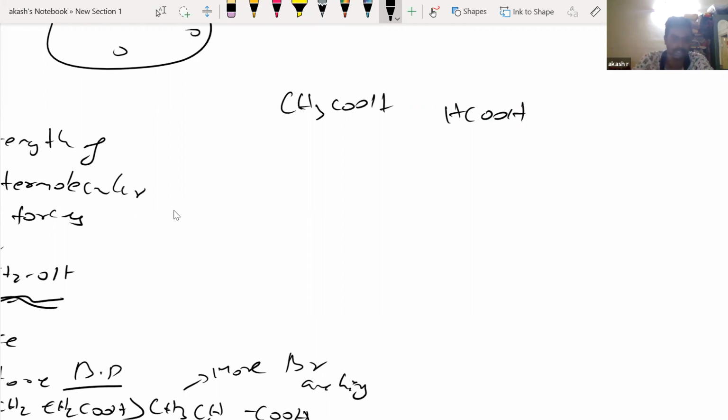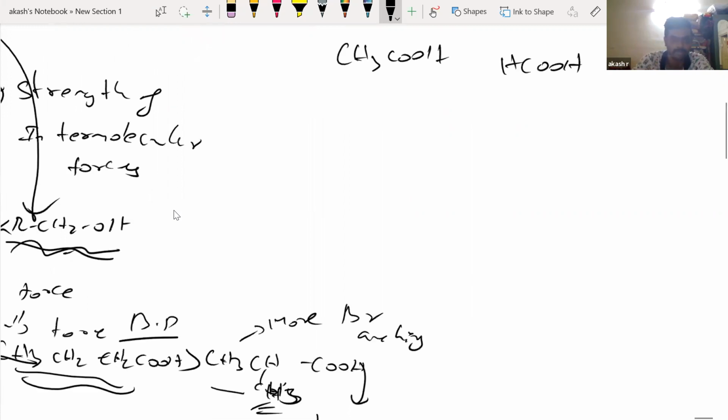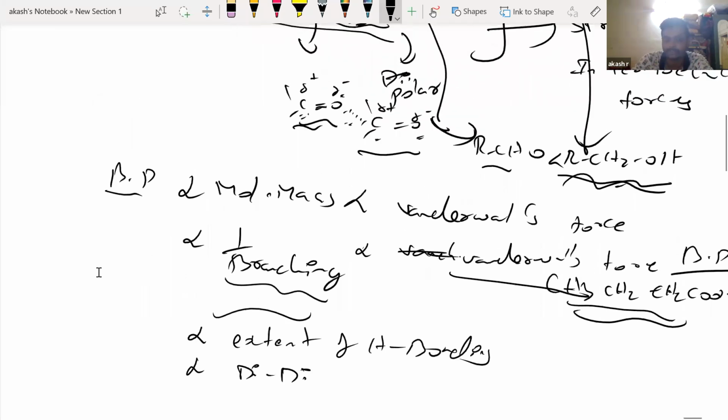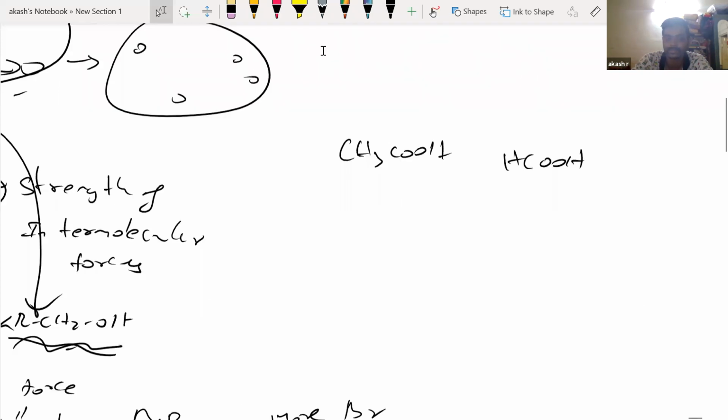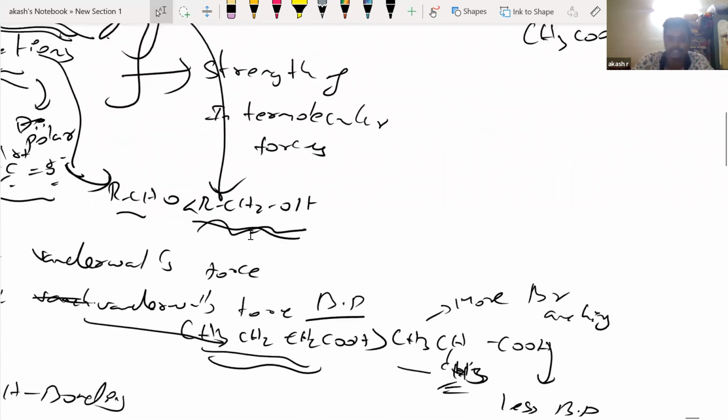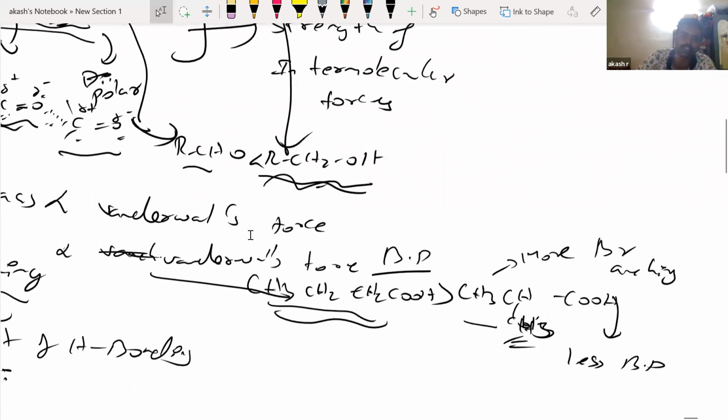Come on, guys. You know the criteria, and you know how they're related. What is the criteria? You have to use any one of them. Molecular mass, or the number of carbon atoms, basically.